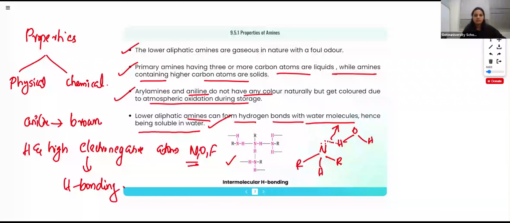Okay. So, next one is the solubility, right?